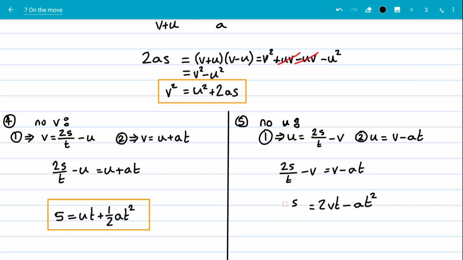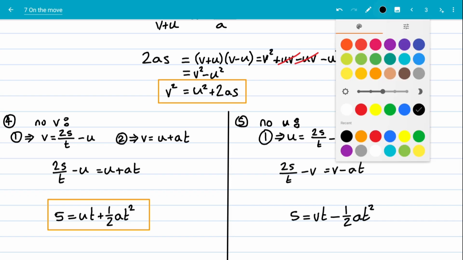And then finally divide through by 2, and you end up with the equation there. And I'll just write that a little bit neater. But s equals vt minus half at squared is the fifth suvat equation, which just falls out of the same method as we had before. So s equals vt minus half at squared.